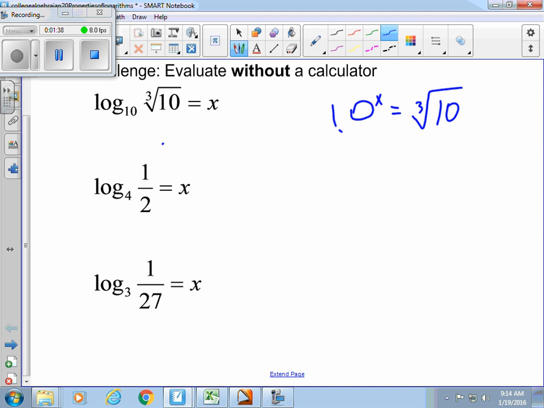Well, what power makes a cube root? A fraction. Which kind of fraction? 1/3, I guess. The reciprocal of the root.